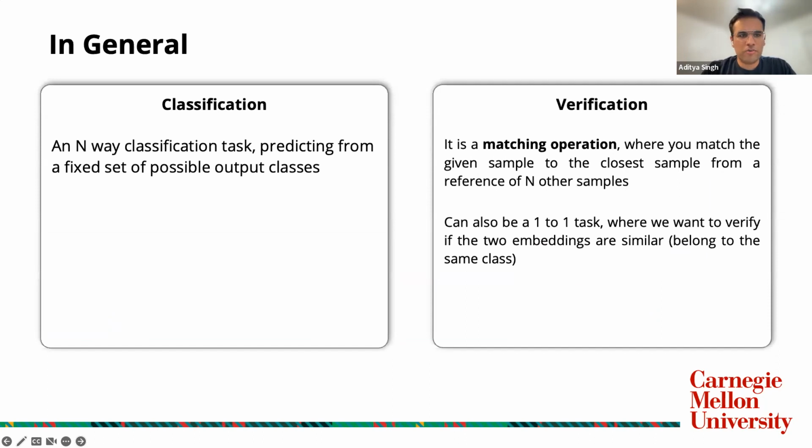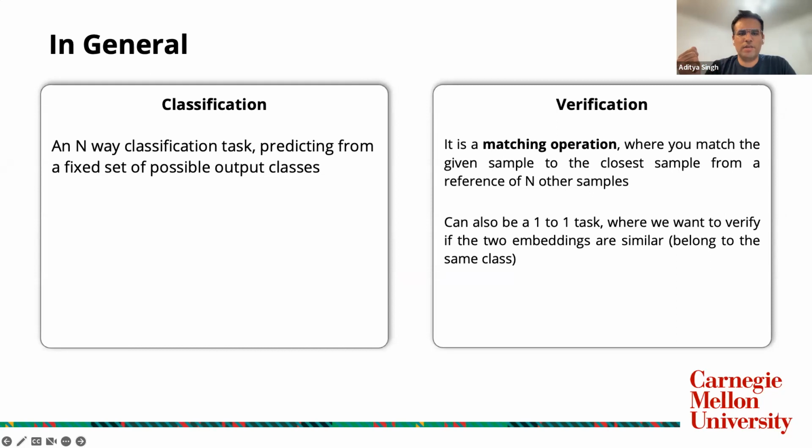So in general, classification is an n-way segregation task. You should predict from a fixed set of possible output classes. And so at test time, when you get an image, you just have to assign it a label from a predefined space of classes. Verification, on the other hand, is a matching operation where you match a given sample to, say, the closest sample from a reference of n other samples.